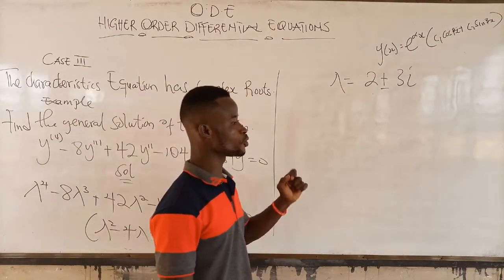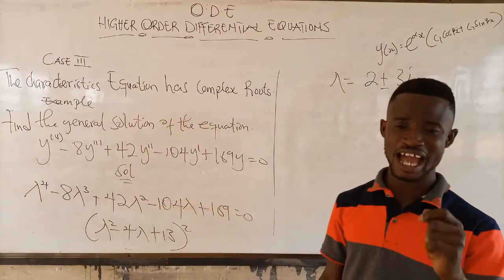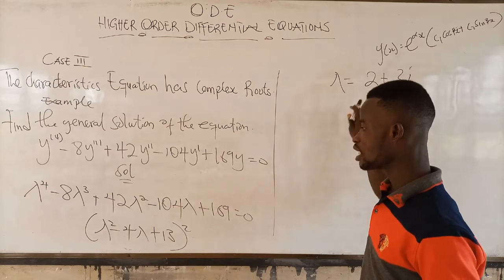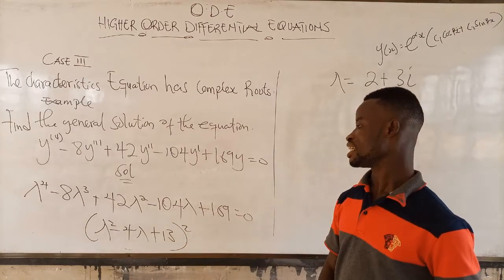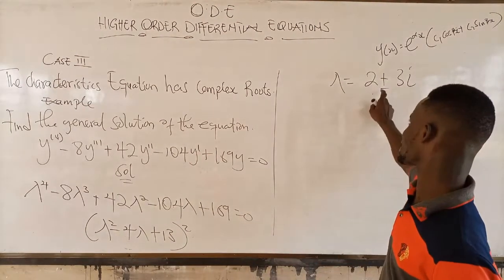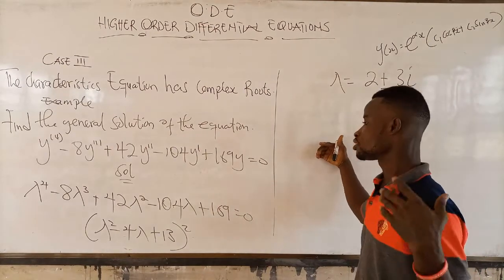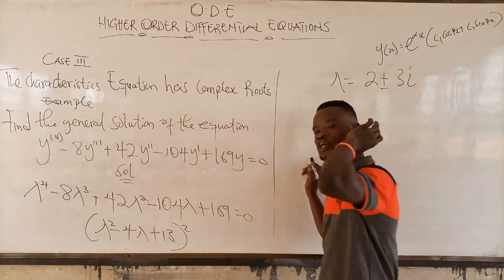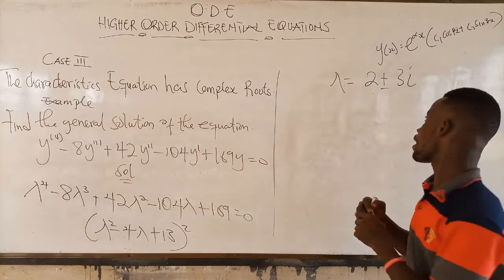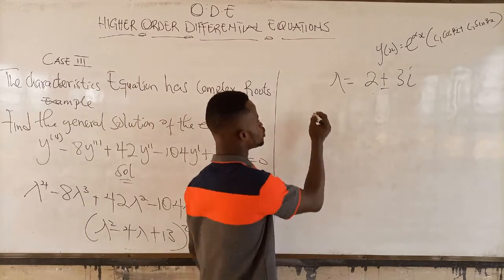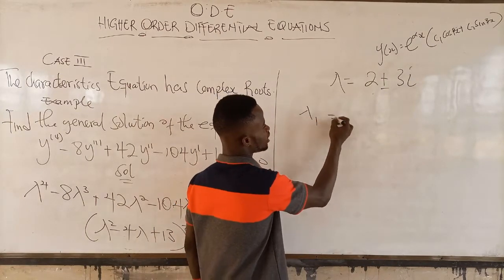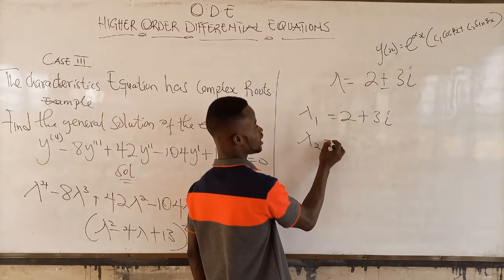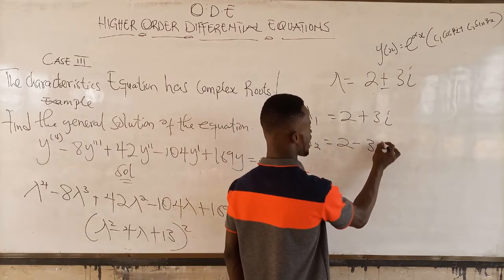But here, be careful, because the square here is not affecting this. Also, don't forget that we are dealing with fourth order, so the roots are supposed to be 4. But with this, we have only 2 roots. The first one is 2 plus 3i. The second one is 2 minus 3i.